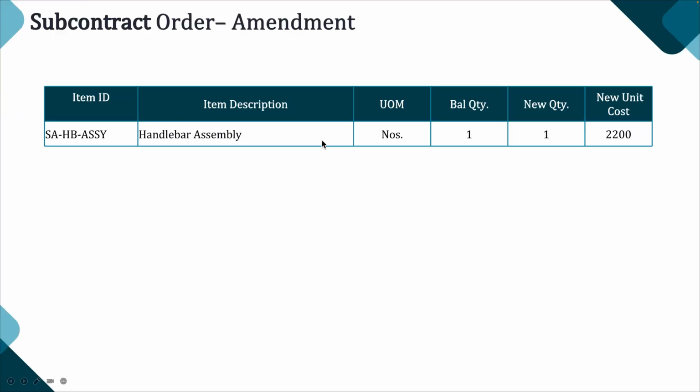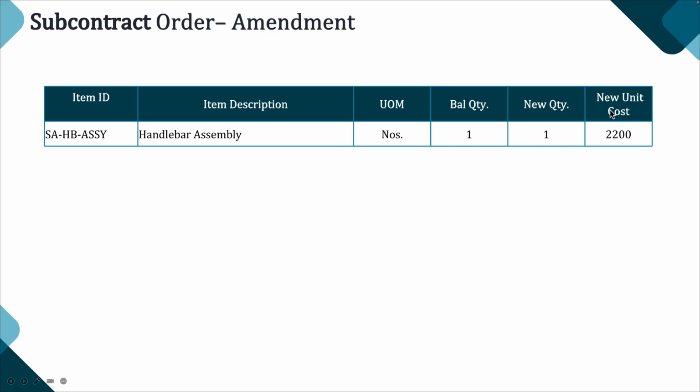This slide consists of the following details which you are going to enter on your amendment screen. Here we have the item and the item description for which you are going to do the amendment, that's the handlebar assembly. For this, the UOM, that's the unit of measurement, and the balance quantity, which will be projected as 1, and we will be placing it as 1 itself.